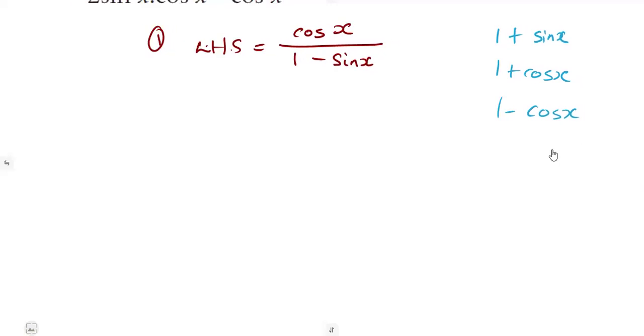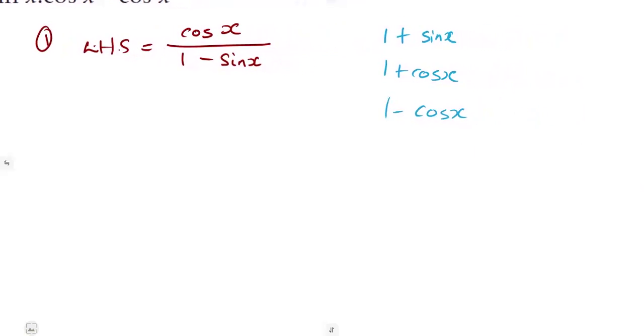You introduce a negative to these identities. It is 1 plus sine x, so you introduce a negative as a product so that you have got a difference of two squares.